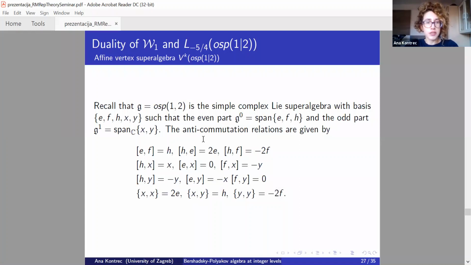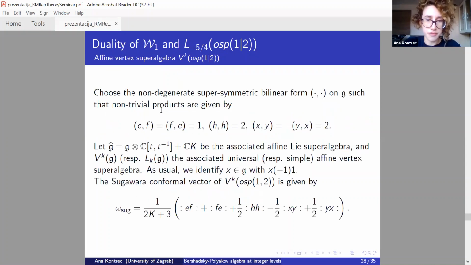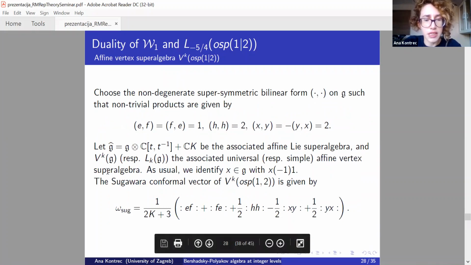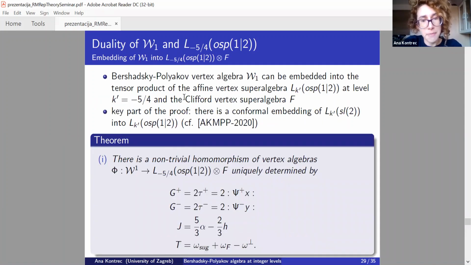Okay, so quickly, OSP(1,2) is a simple complex Lie superalgebra satisfying these anti-commutation relations. And here we use the Sugawara conformal vector. What is really important here is that there is a conformal embedding of L_k SL2 into L_k OSP(1,2) at level k prime equals minus 5/4.